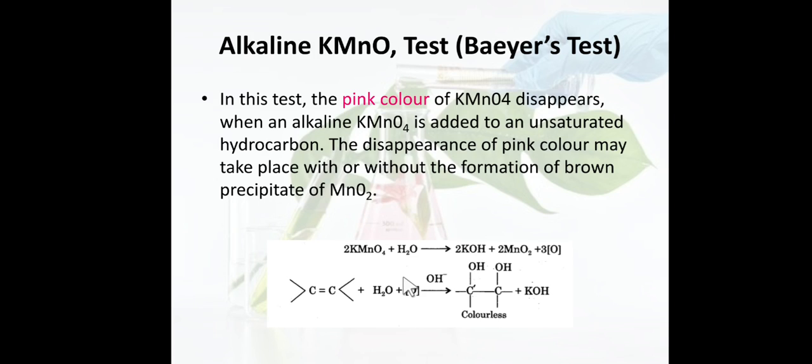So friends, this permanganate, which is pink in color, will add over the double bond and lose its color, and the decolorization is the indication of the presence of unsaturation. So besides Br2, we can use permanganate for the identification of unsaturated hydrocarbons in the natural product.